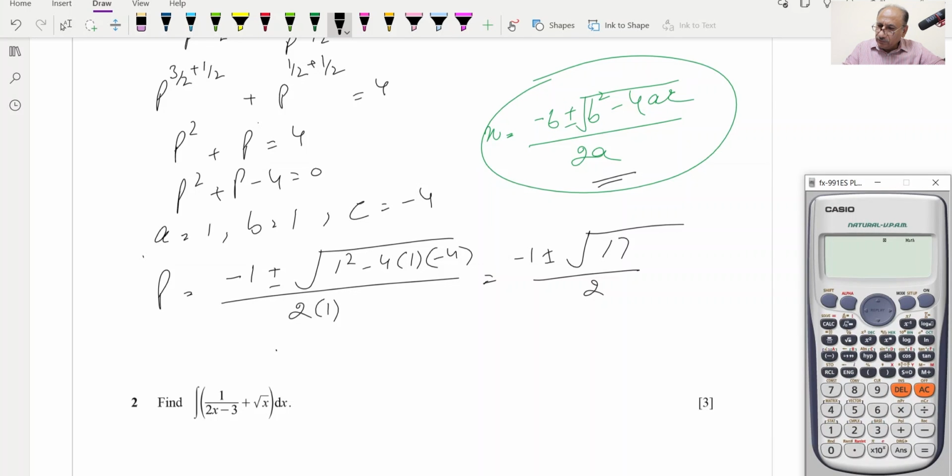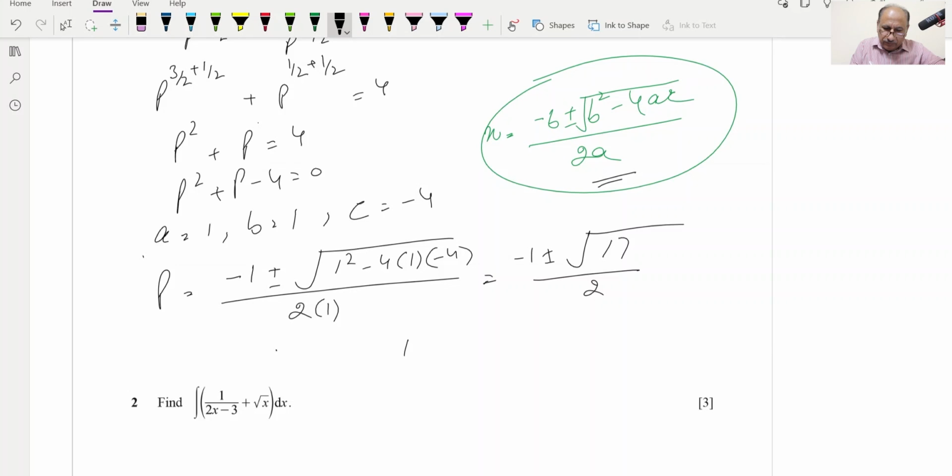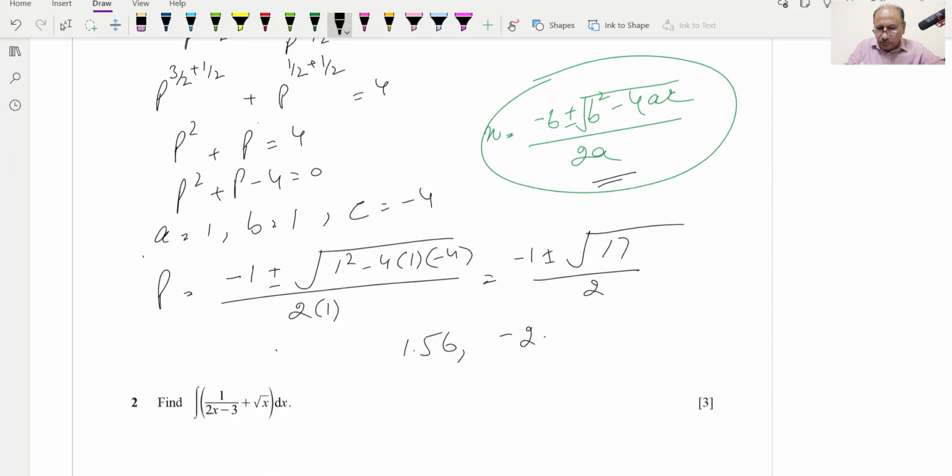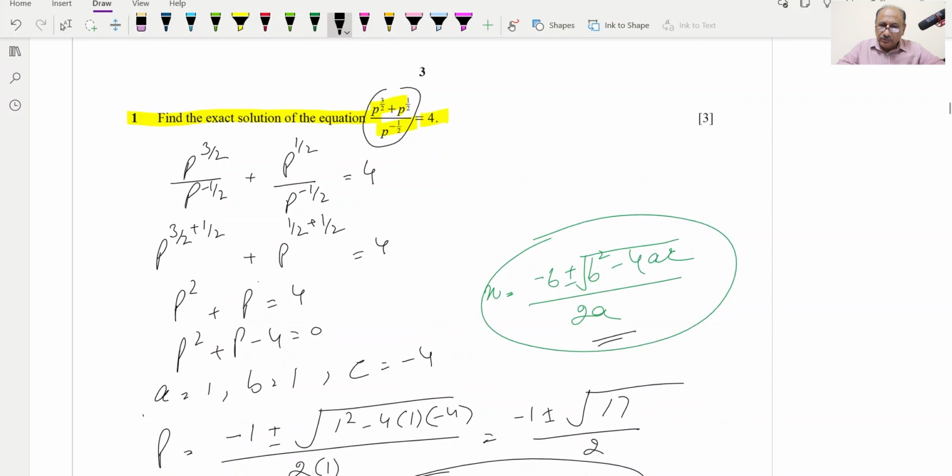So minus 1 plus root 17 over 2 results in the decimal value of 1.56, and the second value, with the minus sign, will be minus 2.56. This will be the final answer, and this is for 3 marks.